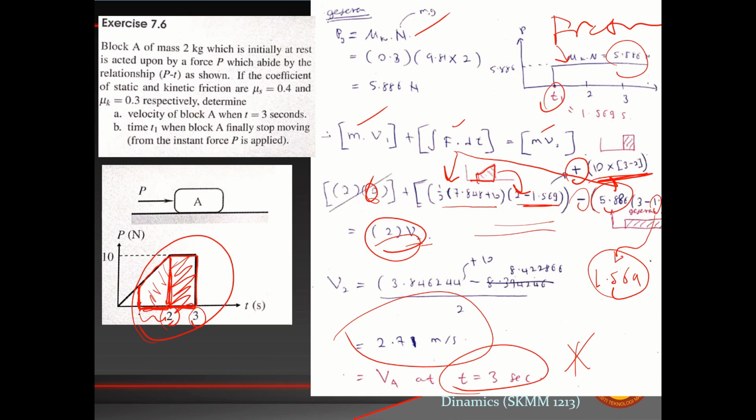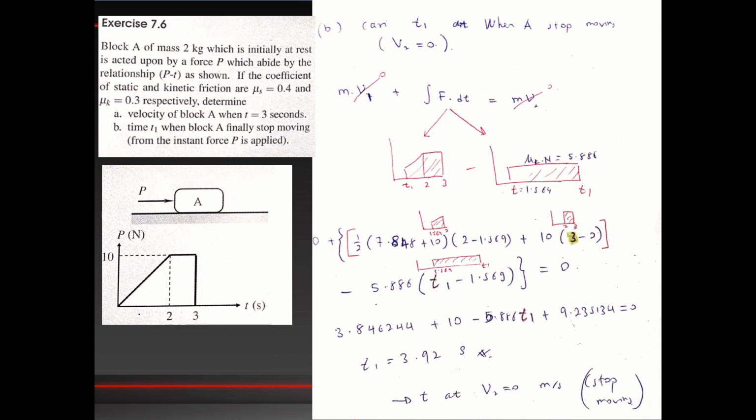Same if you want to calculate the time when the block stops moving; you will use the same method. The only difference is you replace v2 by 0. I'm replacing v2 equal to 0, v1 equal to 0, so I have 0 here.